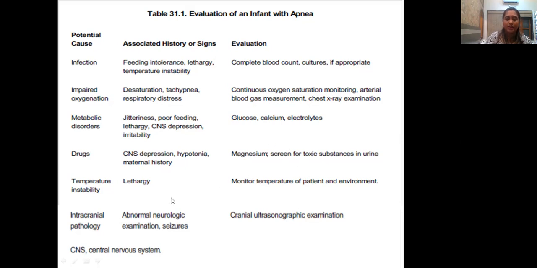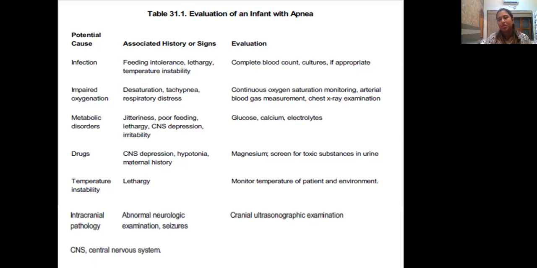And temperature instability manifested by lethargy, so monitor the temperature of the baby. And since intracranial pathology is a much more common cause of apnea in case of premature babies, in order to rule out that, we will go for cranial USG. Therefore every investigation rules out the potential causes.